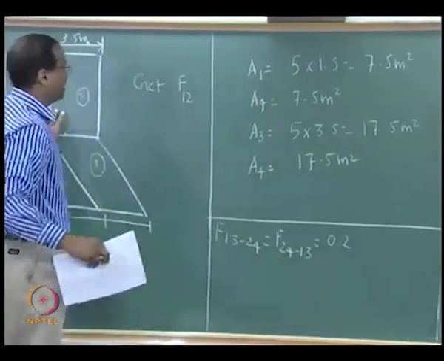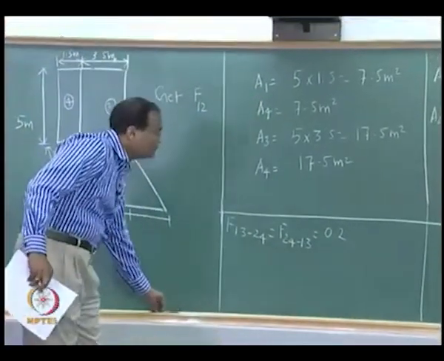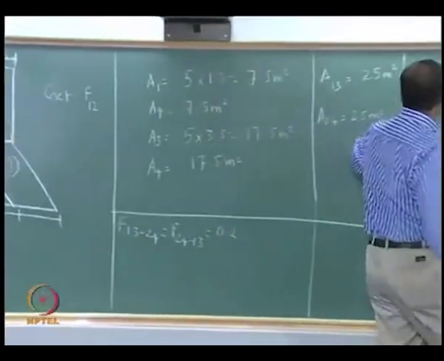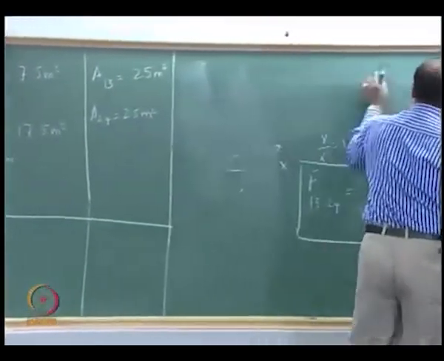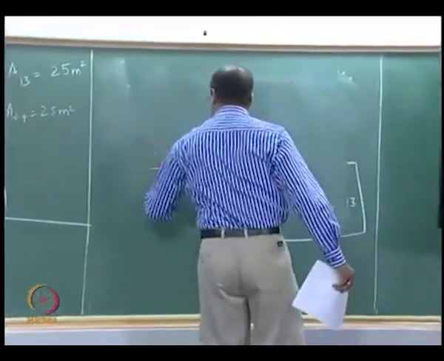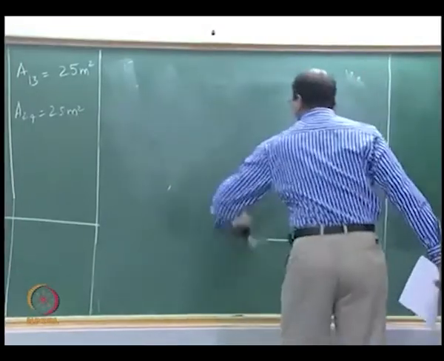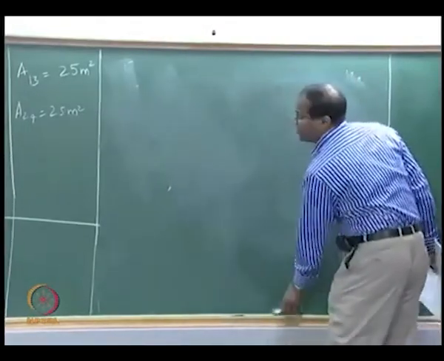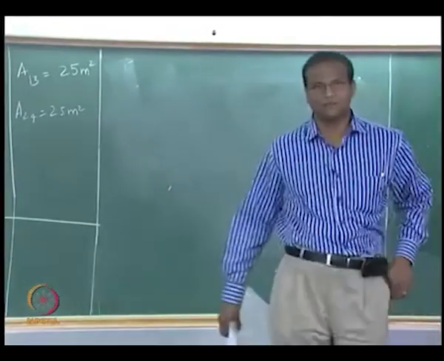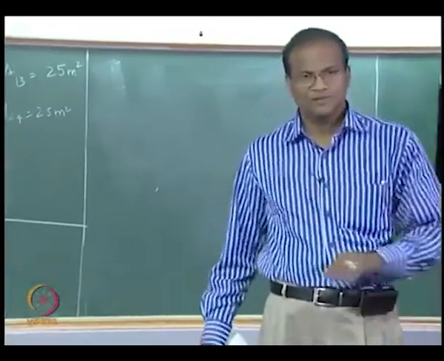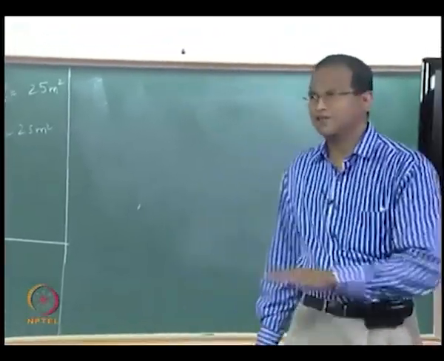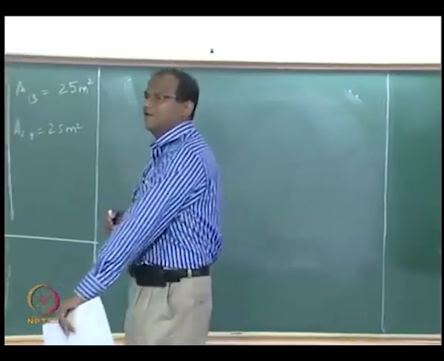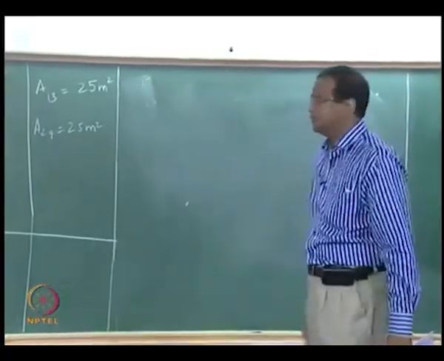We will keep the figure intact, we will also keep these areas intact, we will keep working on this side of the board. A view factor problem like this would be 20 minutes, 15 minutes if you are very fast, 20 minutes is a reasonable time. After finishing you can check it also.